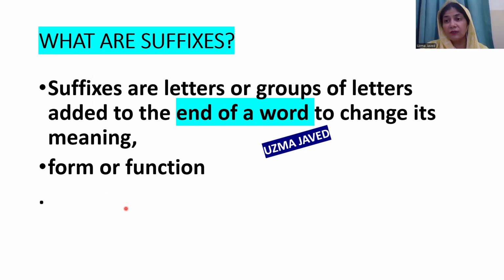So three tasks can be done by the addition of a suffix to a word. The important thing that you have to remember is that prefixes are added at the start of the word, whereas suffixes are added at the end of a word, and they change the meaning of the word, they change the form of the word, and they even change the function of that word.